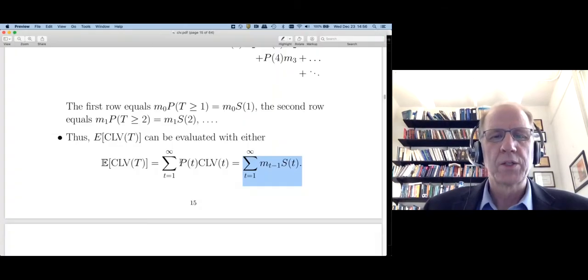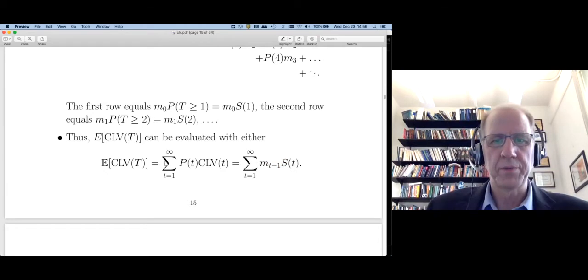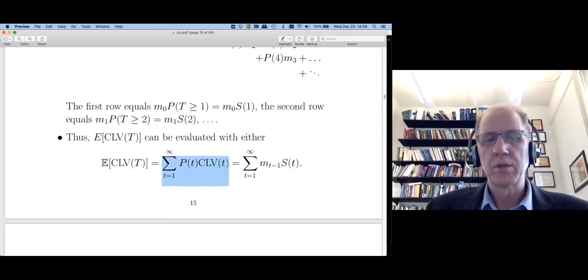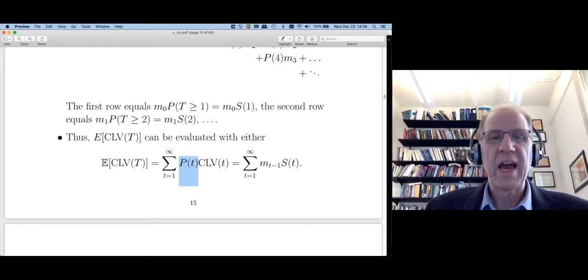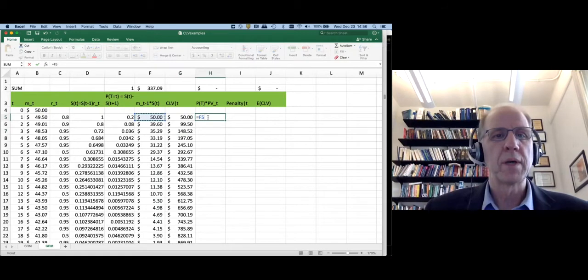All right, so a different way of computing lifetime value is going to be to compute whatever you're worth, if I know t, weighted by the likelihood of that happening. So let's go do that. I'm going to go take the PMF times this value.